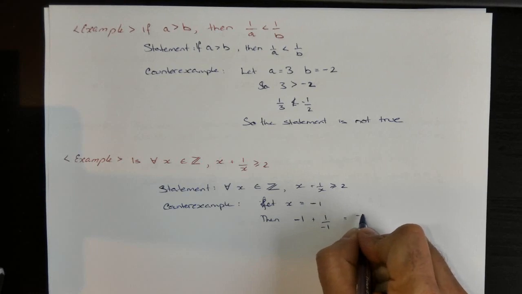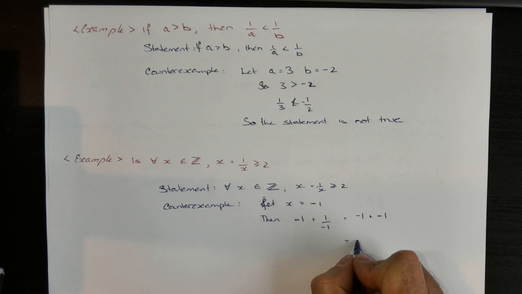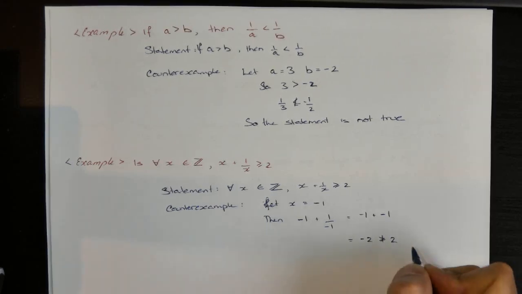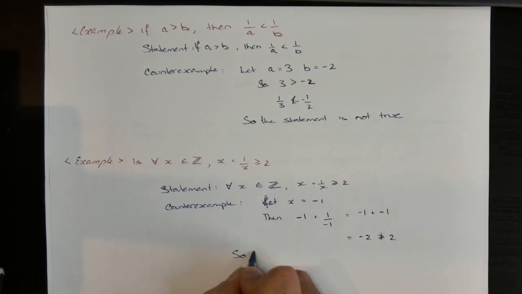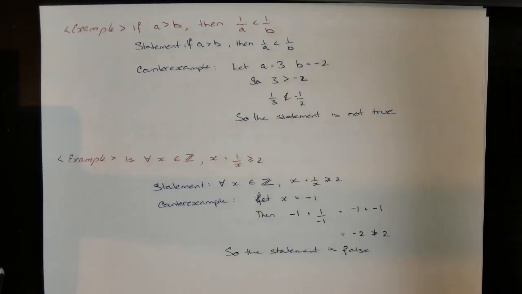Well, that's -1 plus -1, which equals -2, and that is not greater than or equal to 2. So the statement is false. Okay, and that's the end of our examples.